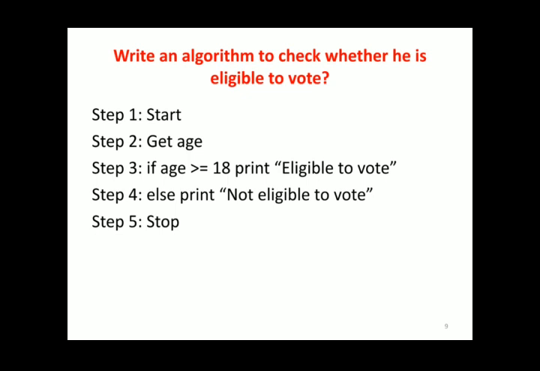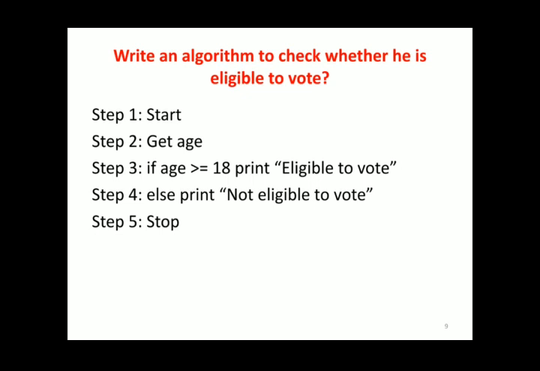So now consider the value of age as 19, and based on the condition given in step 3, based on the input value, the condition is checked as 19 greater than or equal to 18. Okay, so if the condition is true, eligible to vote will be displayed as the output. Okay, so now it is true, so eligible to vote will be displayed. So now consider the value of age as 17, and based on the condition it will check the input value.